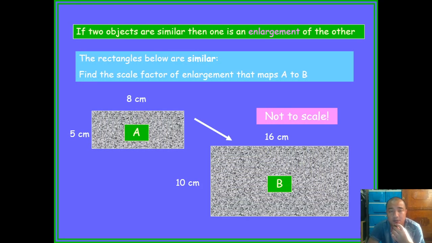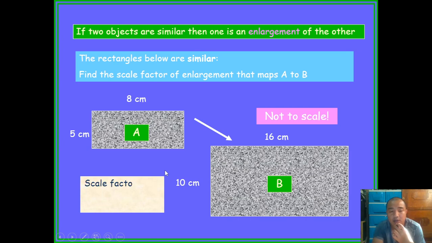Now, if two objects are similar, then one is an enlargement of the other. The rectangles below are similar. Find the scale factor of enlargement that maps A to B. In rectangle A, 8 and 5 are the length and width. Here, 16 and 10. So what's the ratio or the scale factor?